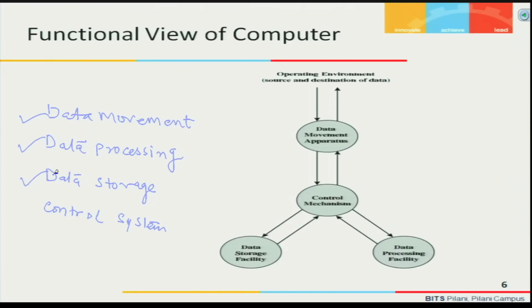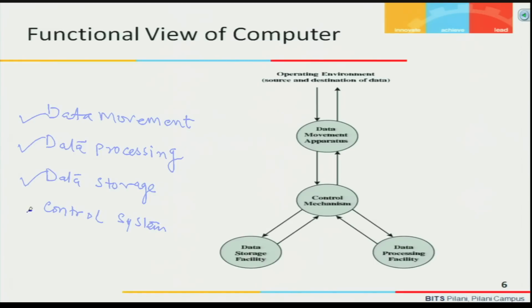Similarly, storage means data needs to be stored in the memory. One type of storage can be the temporary storage, in which the data is stored temporarily, and then it can be used by the processing component to process the data and then store the result temporarily, and then it can be displayed on, let us say, a monitor or any other display device.